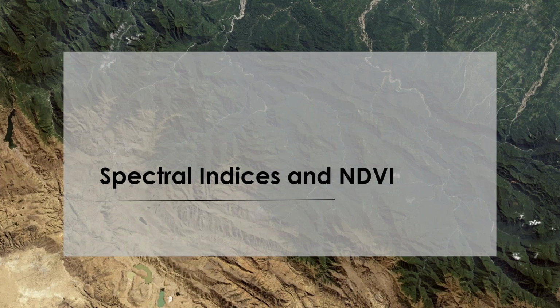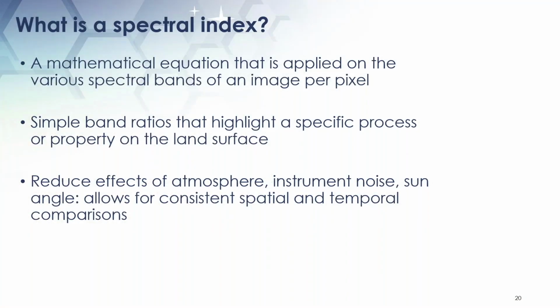Okay, so now we're going to briefly discuss spectral indices, in particular, the NDVI. A spectral index is created using a ratio of the bands of an image and relates to how the land surface features reflect or absorb energy within those wavelength ranges.